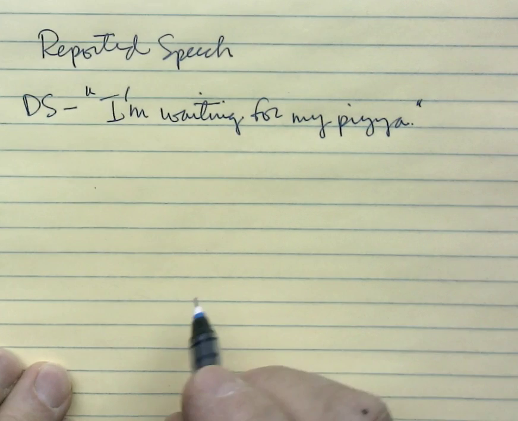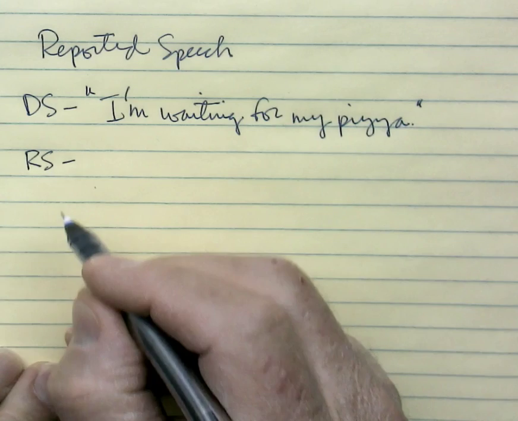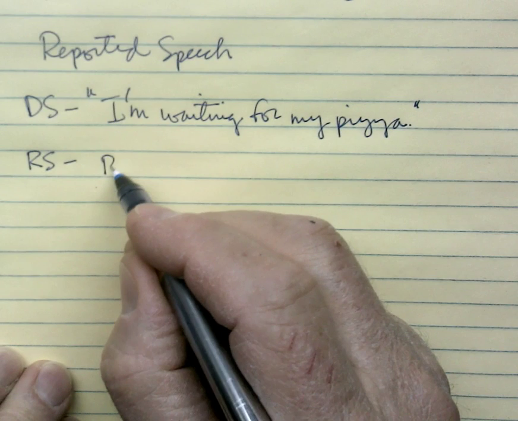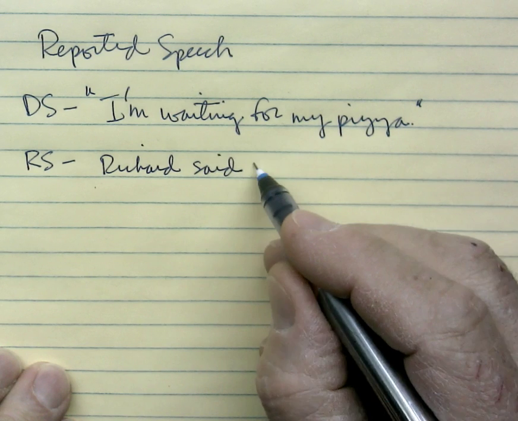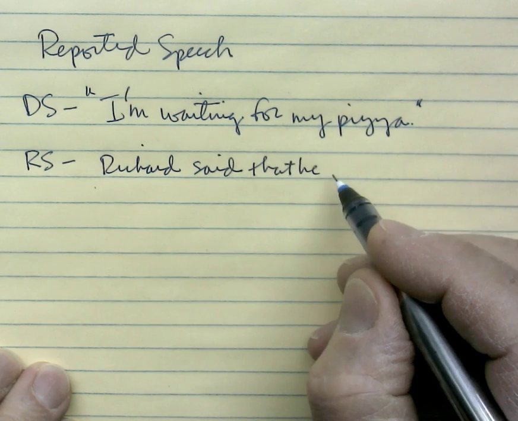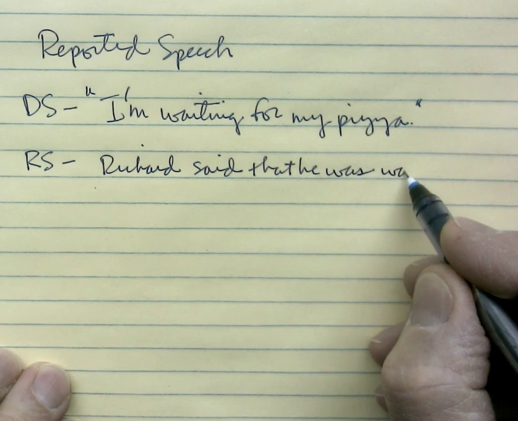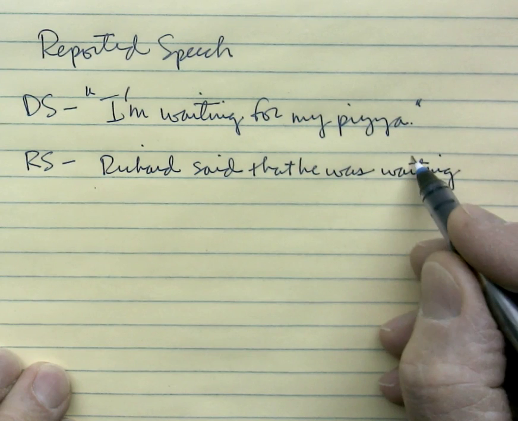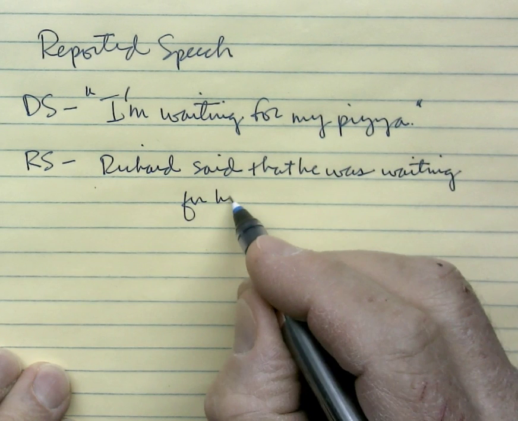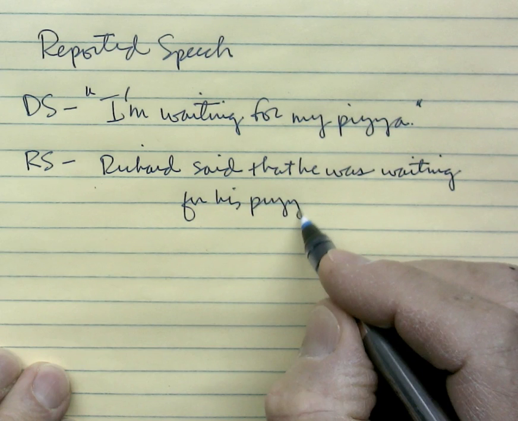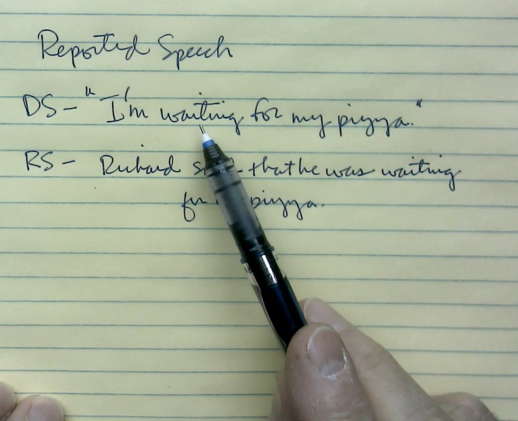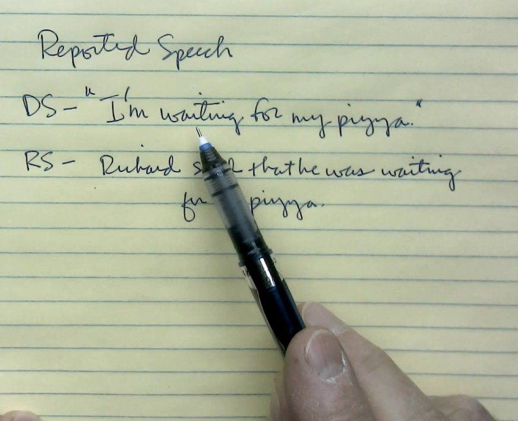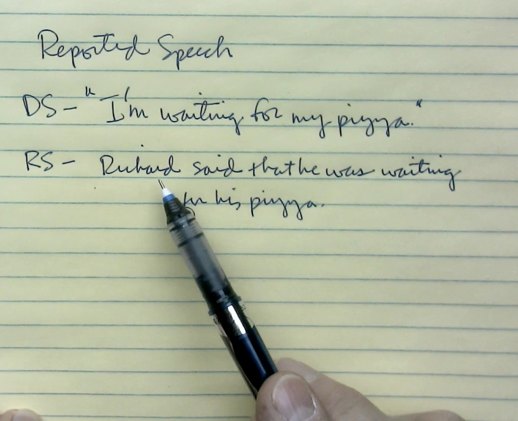Direct speech. And the reported speech version of that is Richard said that he was waiting for his pizza. We can see that the ideas are the same, but the first example is direct speech, that's what I said, and then the reported speech is really someone else telling you what I said.